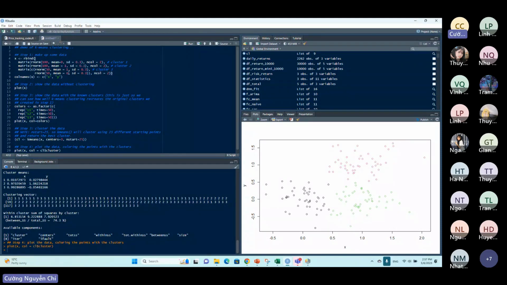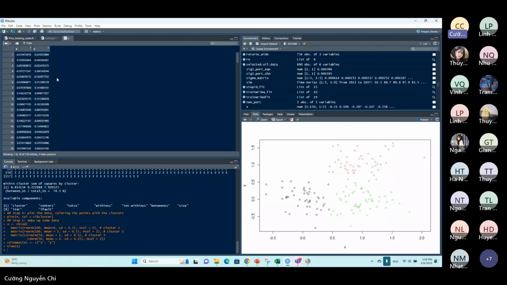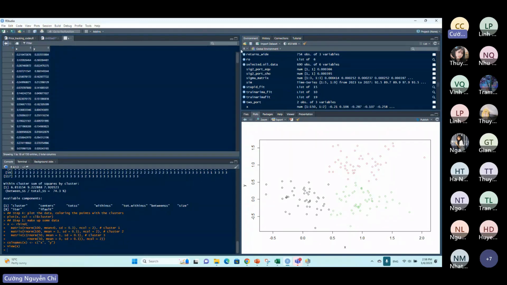We can also create the same result when I have the different data points. If I view X, this will be the result about the correlation between 150 data points.